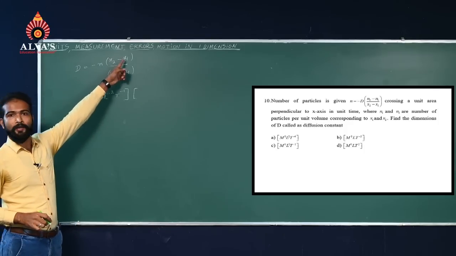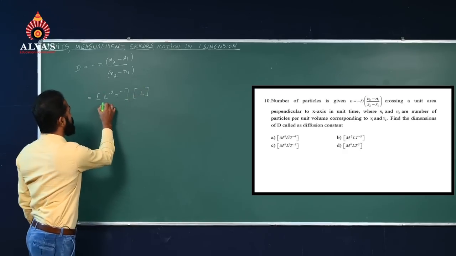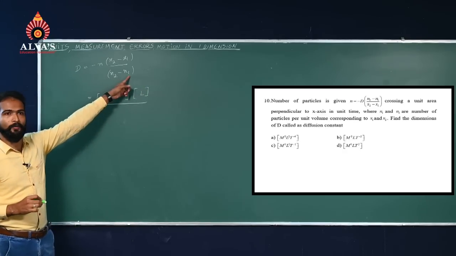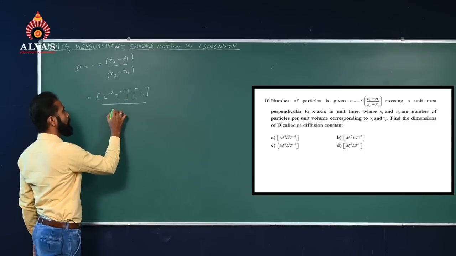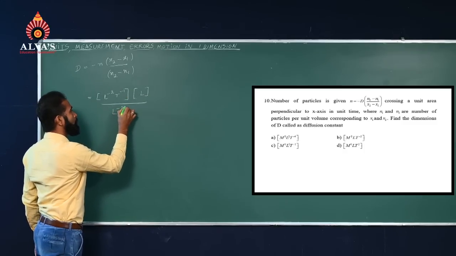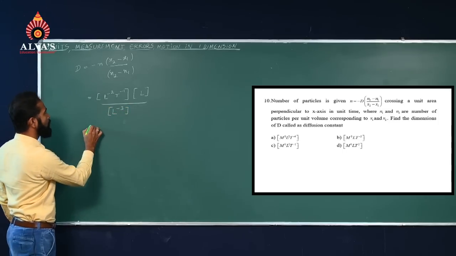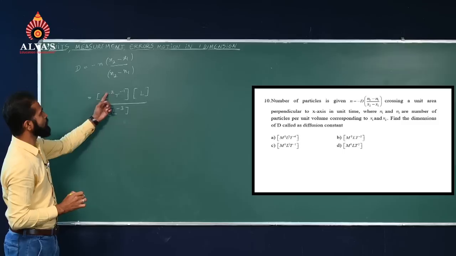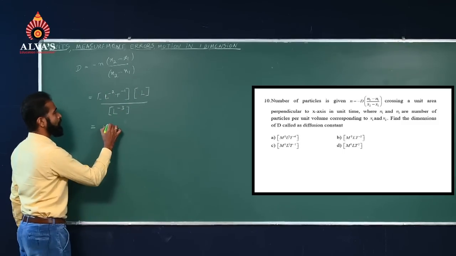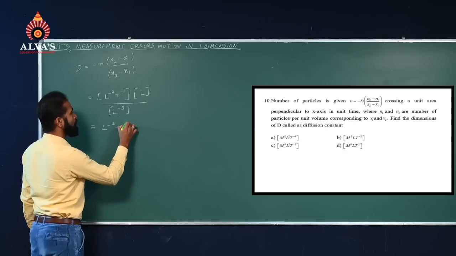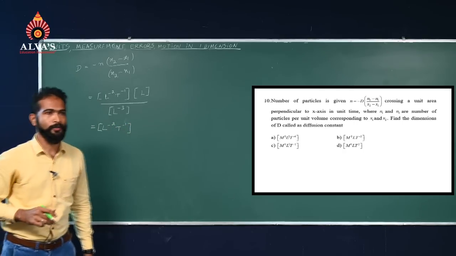Next, x2 and x1 are nothing but positions, so their dimension is only L. Divided by n2 and n1, which are nothing but number of particles per unit volume, so their dimensions must be per unit volume, that is L to the minus 3. So total, L to the minus 1 will go to the numerator. If we solve this, we are going to get L squared T to the minus 1. That will be the dimension of D. That gives you option number C.